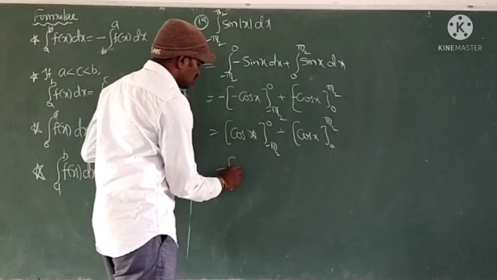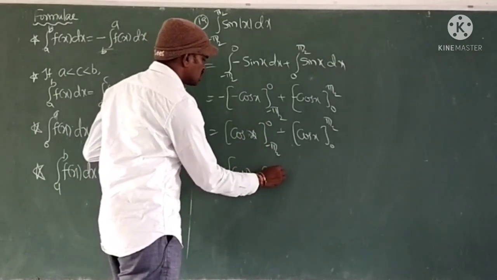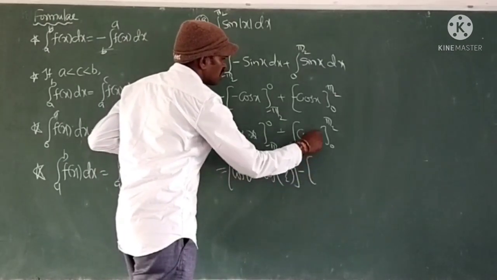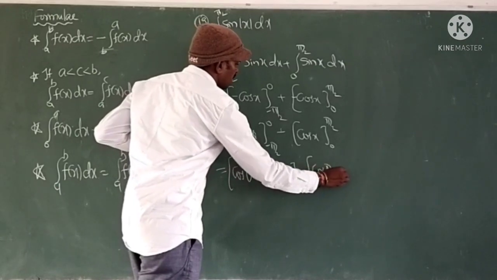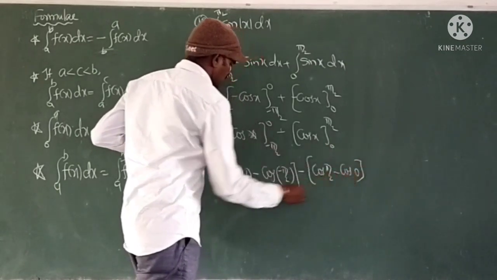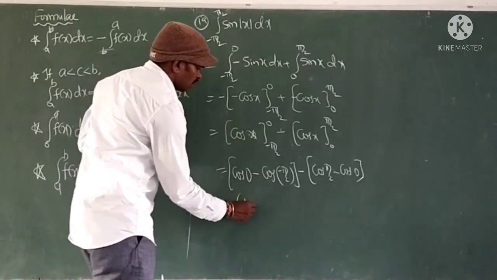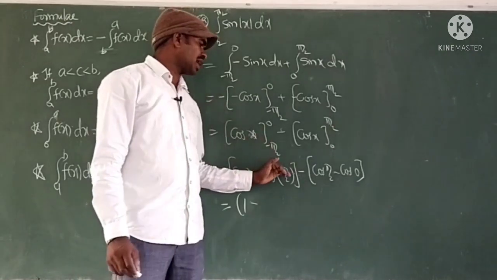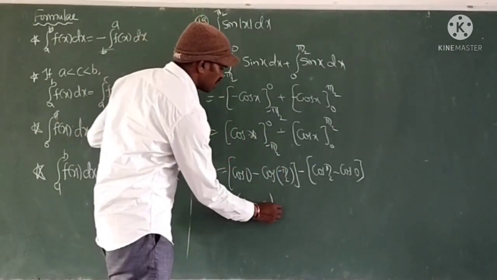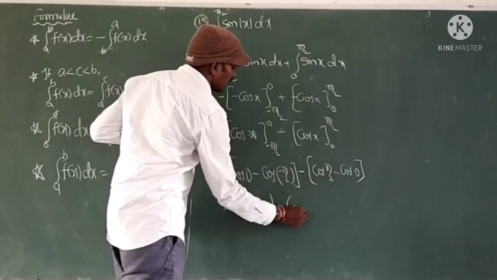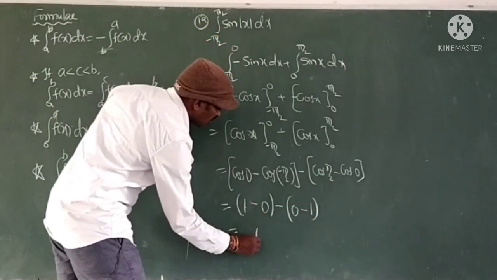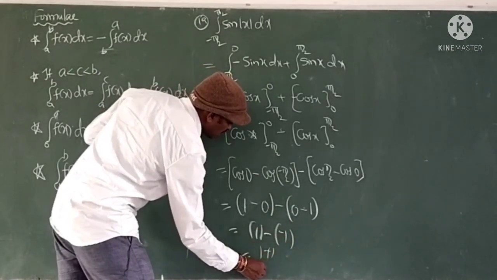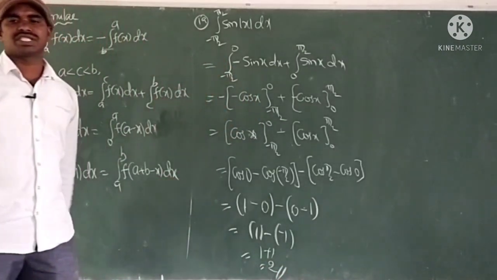So we get cos 0 minus cos of minus pi by 2, then minus, substitute cos pi by 2 minus cos 0. What is the cos 0 value? 1. See, cos of minus theta is plus cos theta and cos 90 is 0, so we just get 0. Again cos 90 is 0 minus cos 0 is 1. So 1 minus 0, 1 minus 0 minus 1 is minus 1. Minus into minus plus 1, 1 plus 1 is 2. Okay, this is the answer.